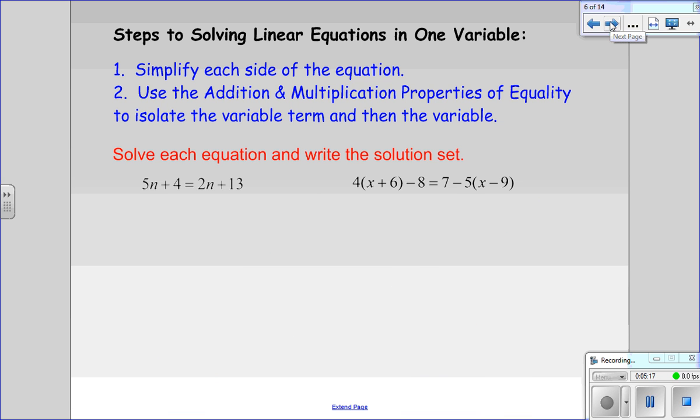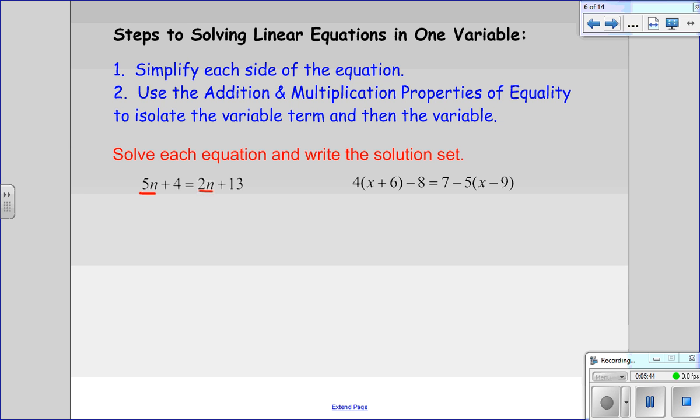Looking at two more examples together, these next two examples have like terms that are on opposite sides of the equal sign. Let's see what we do in these situations. Step one, we begin by trying to simplify each side of the equation, but there's nothing more to be done on each side. So now we try to use the addition and multiplication properties.